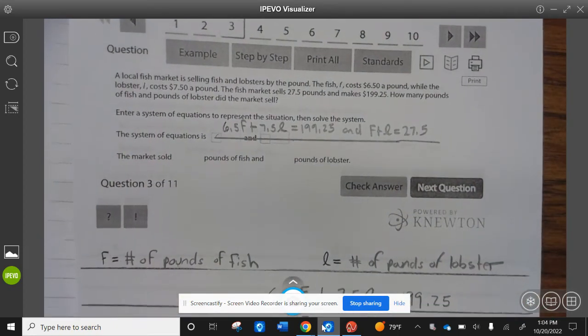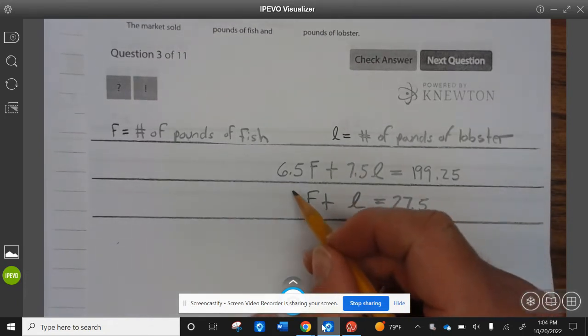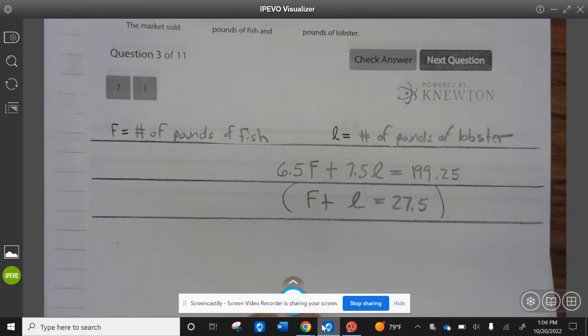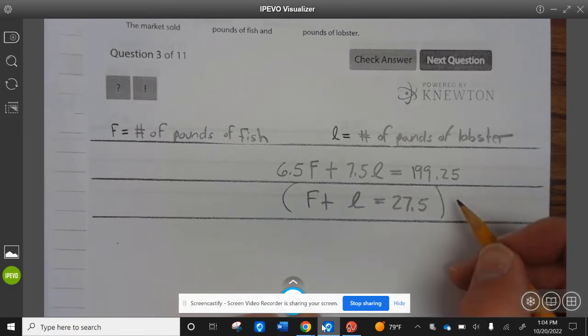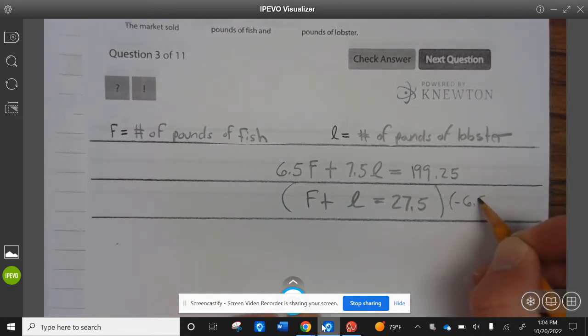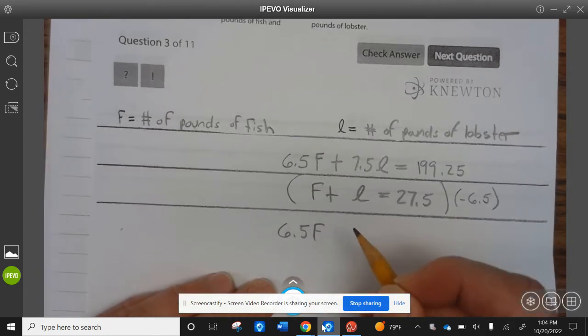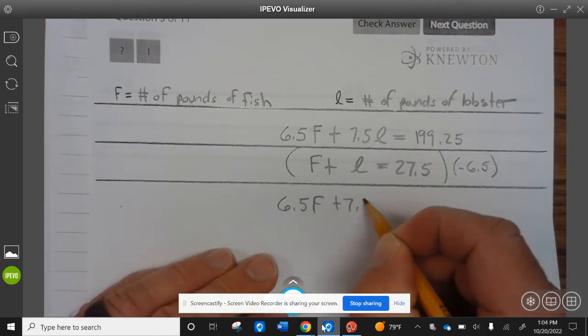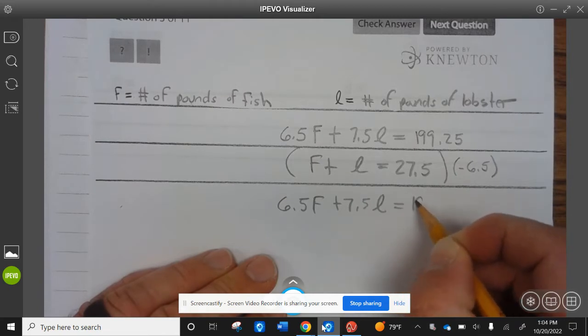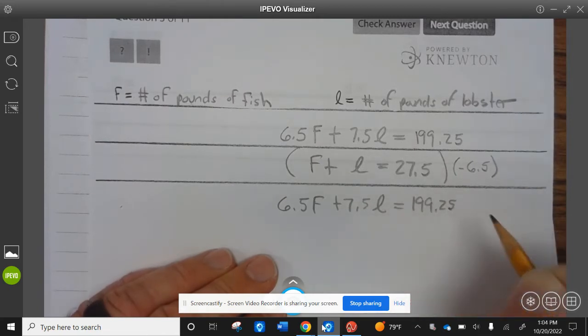Now let's solve the system. We're going to multiply the second equation by negative 6.5. The first equation, we're just rewriting: 6.5F plus 7.5L equals 199.25.